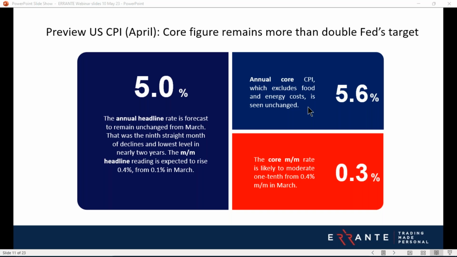And if you remember, shelter inflation, which forms around 25% of the CPI index, is possibly going to show a slight decline in April, but is not expected to meaningfully drop until later in the summer. That's the key driver for economists who are expecting a big drop in inflation through the year, due to rent and shelter inflation coming down as house prices are already deteriorating. So the housing market is deteriorating, and that will eventually drive rent down.